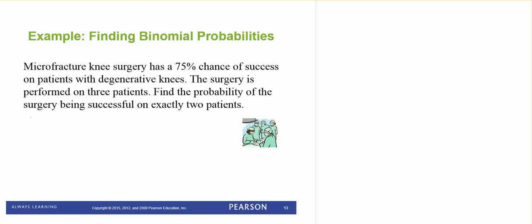So here we have the probability of a success on exactly 2 patients, and we're looking at 3 patients total. So this is similar to what you saw before. Probability of success is 0.75, n is 3. If p is 0.75, then q is 0.25, and we want the probability that it's exactly 2.